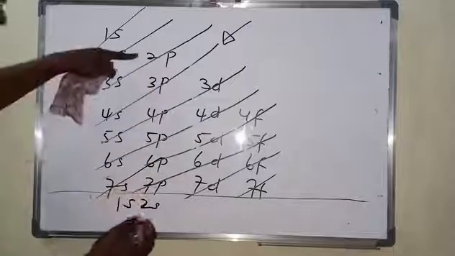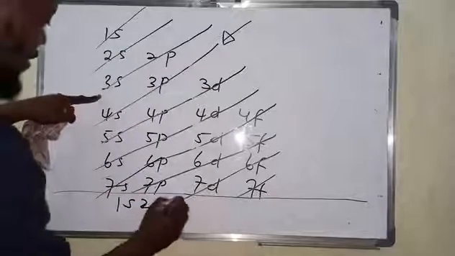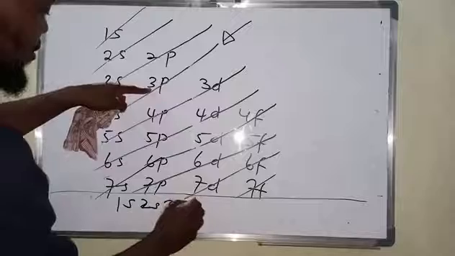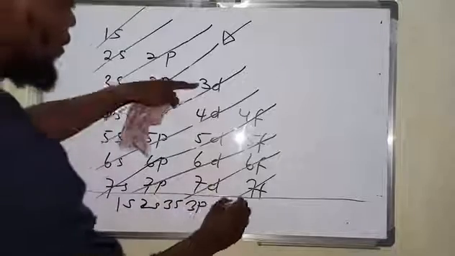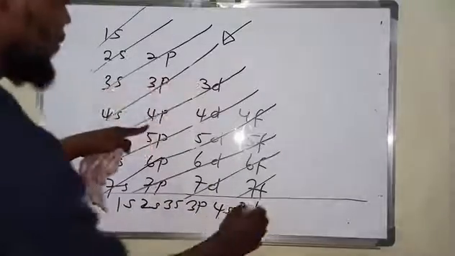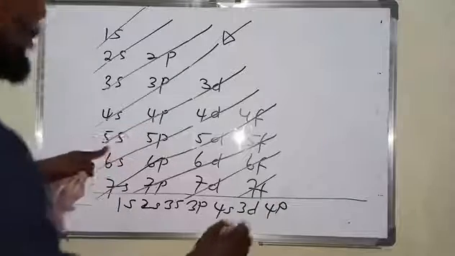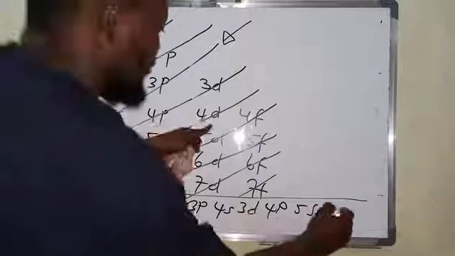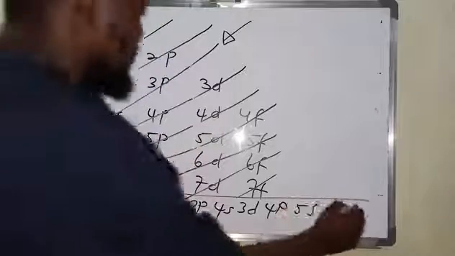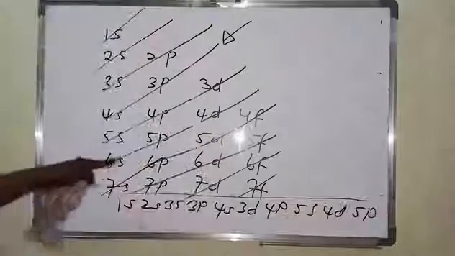So after the 2s, next is 3s, then 3p, 4s, 3d, 4p, 5s, 4d, 5p, and so on and so forth.